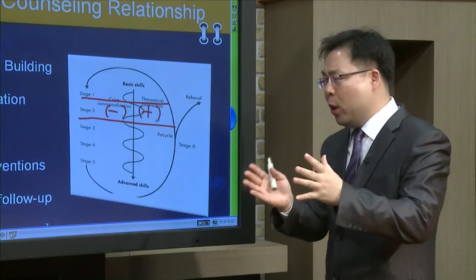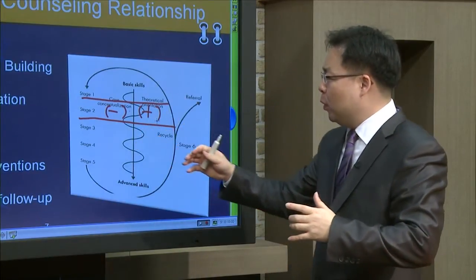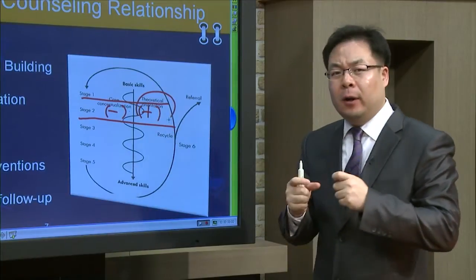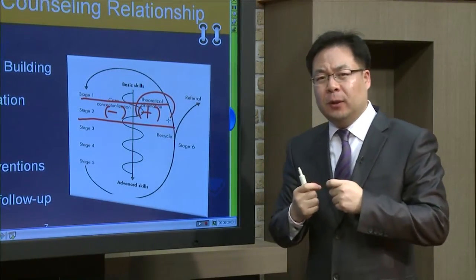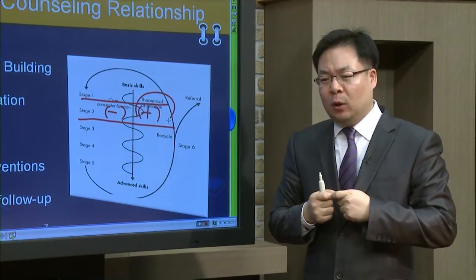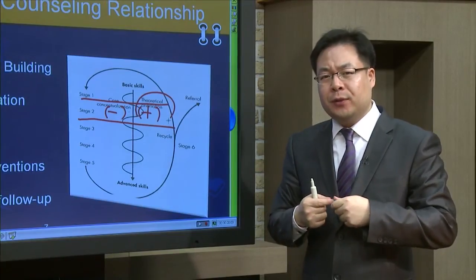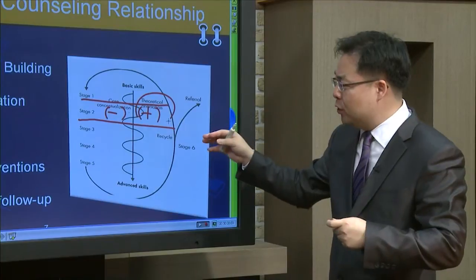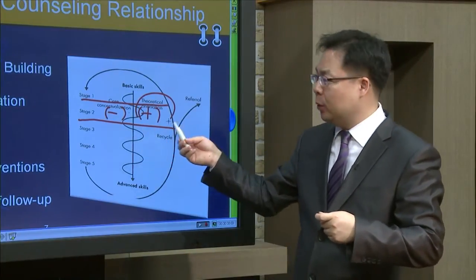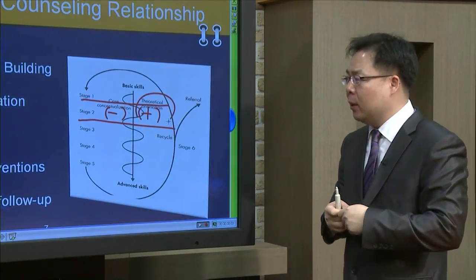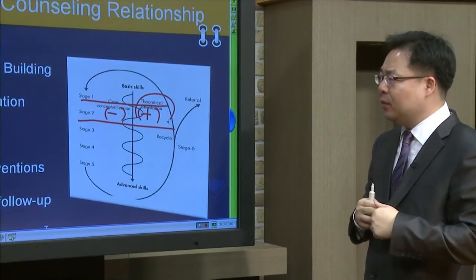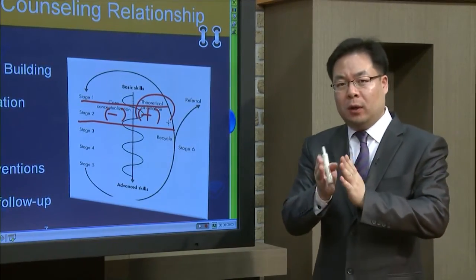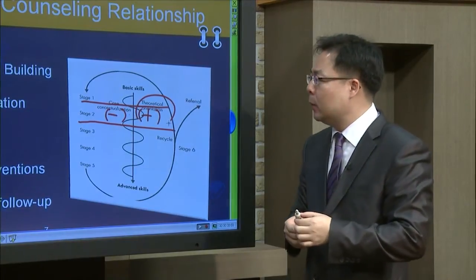That type of question is one side, but we also want to ask them questions about their potential, their strengths, and also their support system and their resources. So that will be a good foundation for the next step as well. So keep in mind that even in the problem identification stage, we want to explore in a balanced way.